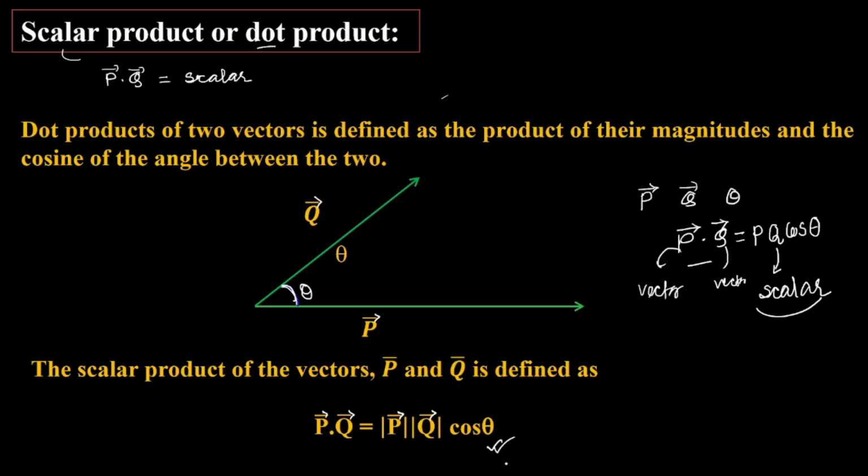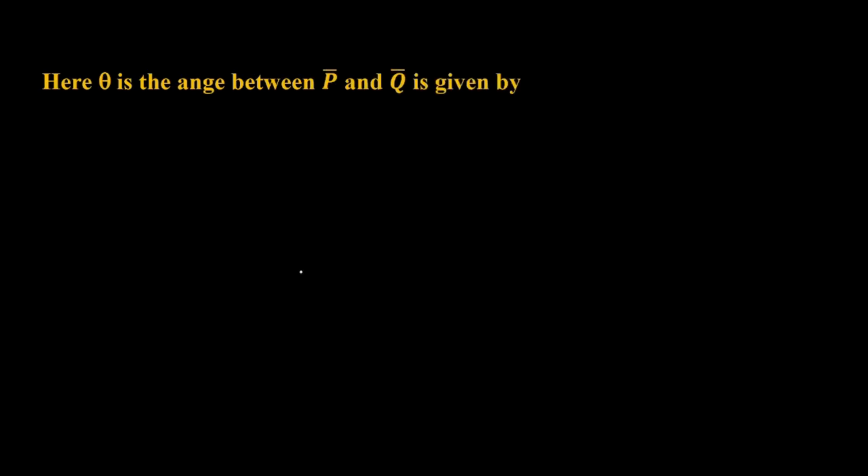So let's move to this one. In this particular formula, p dot q equals pq cos theta, where theta is the angle between them.